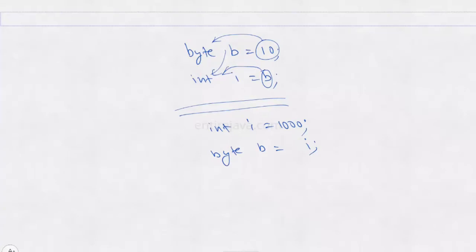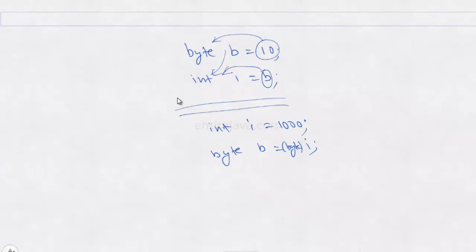So the way we tell the compiler that it's at my own risk, I don't care if there is loss of data or loss of information, I still want this to be a valid statement, you just have to say byte here, your destination data type, within the brackets. Now the compiler will successfully compile this program and even run it, but the result would be something unexpected.